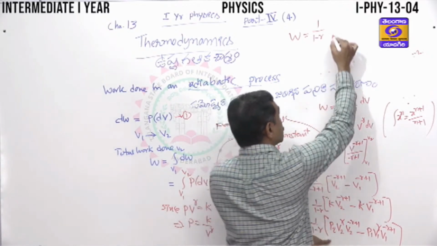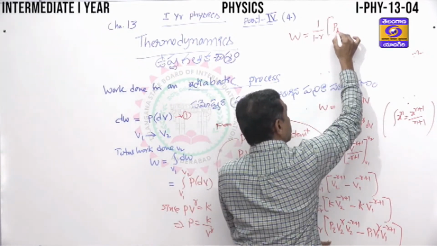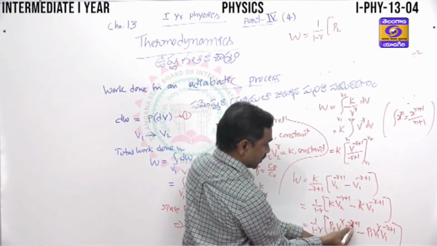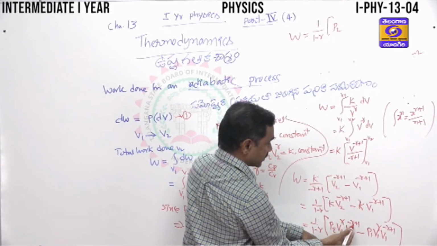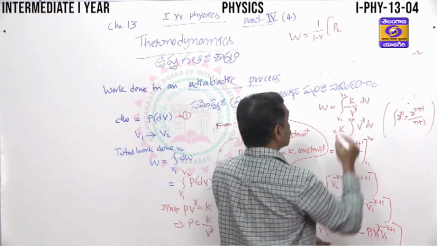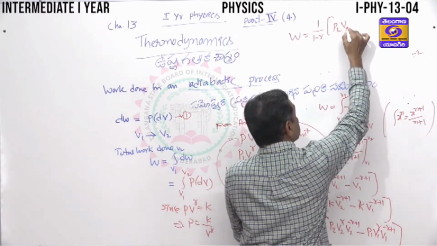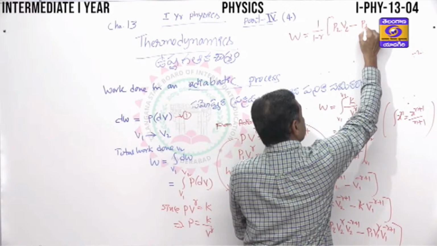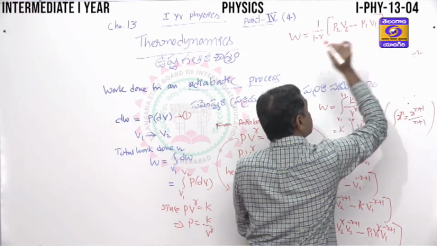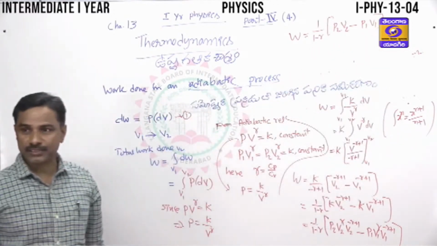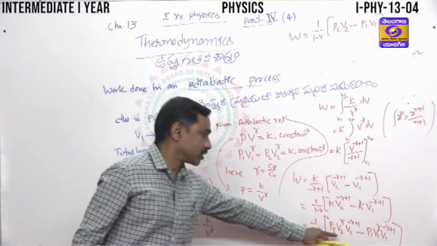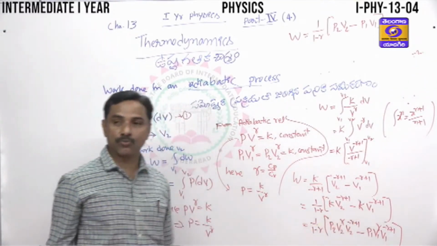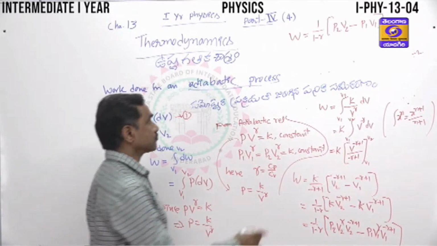We have P2 V2 power of gamma times V2 power of minus gamma plus 1. Minus gamma plus gamma cancels on adding the powers, leaving V2 power of 1. So P2 V2 minus P1 V1. A simple substitution, nothing else.